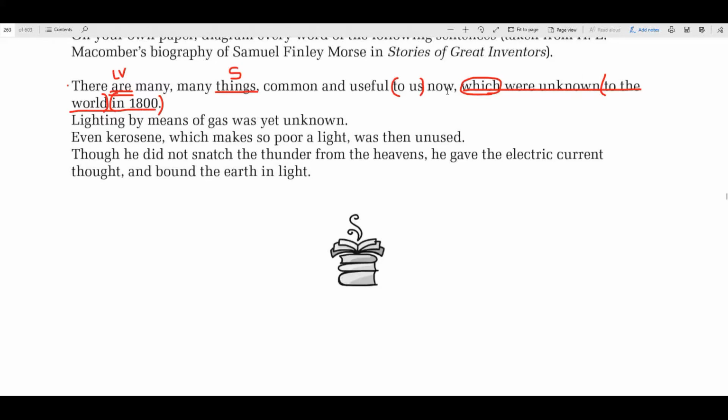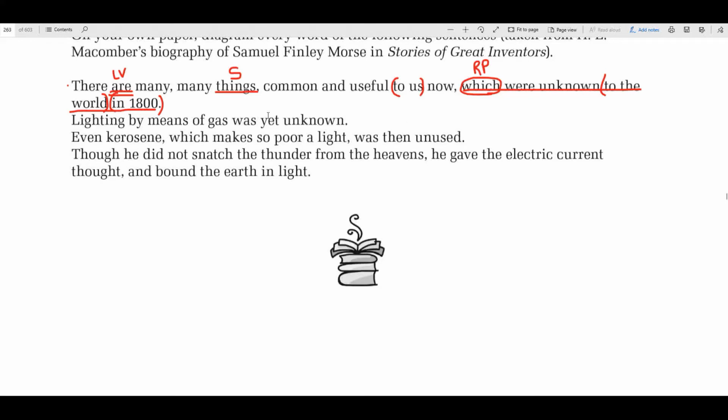Guess what that is? This is one of your relative pronouns, which makes this an adjective phrase because it's telling about things. Okay, let's see. So that means this will be two separate sentences, I guess you might say, because this we diagram itself. This is a clause, a separate clause.